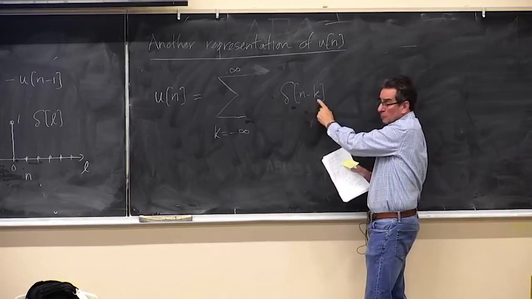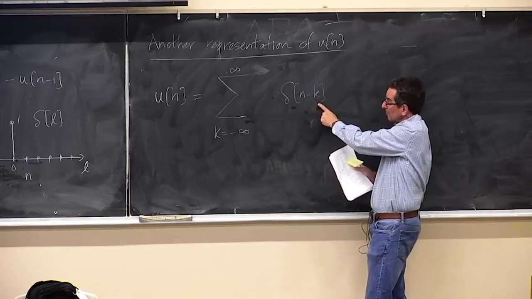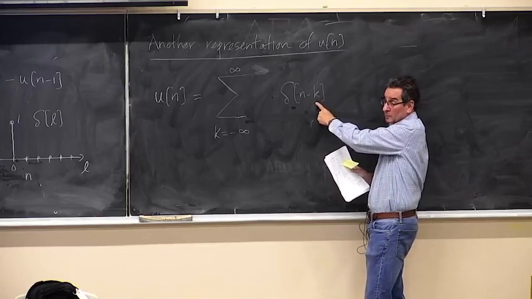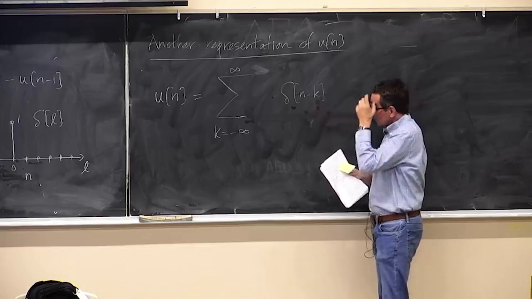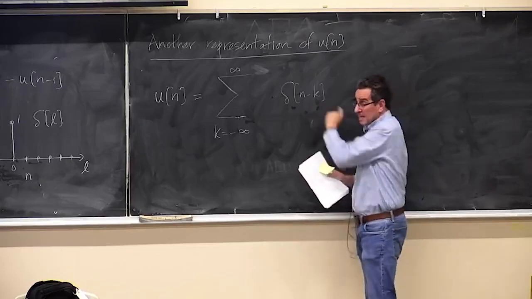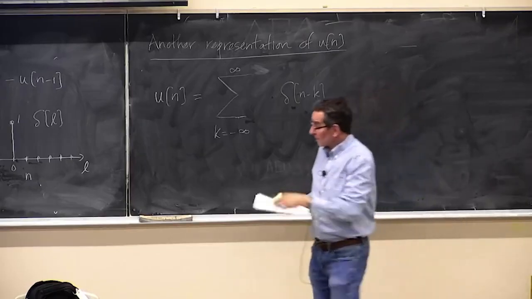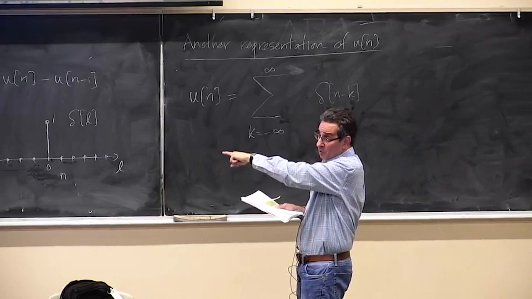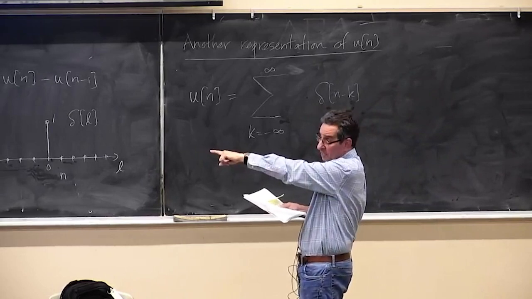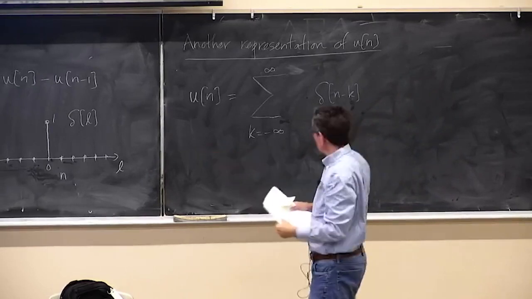But for those terms where k is negative, we don't really want that term in there. We want it to be a 0 in front. So the question is, can we think of some function of k that has the property that it's 1 for k greater than or equal to 0, and 0 for k less than 0? Well, it's exactly u of k.